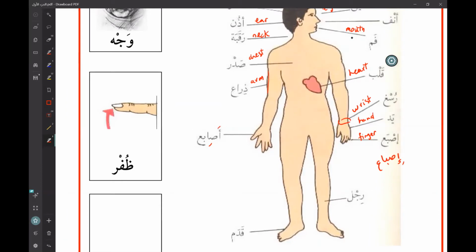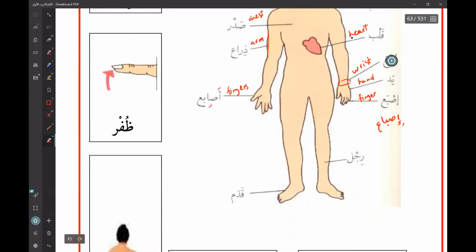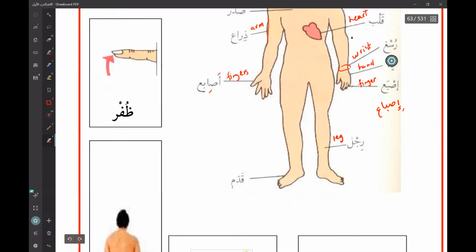Asabi' is fingers. It's a plural. Then we have rijl. Rijl is leg. Then we have qadam. Qadam is foot.